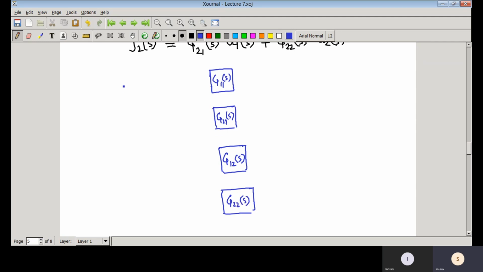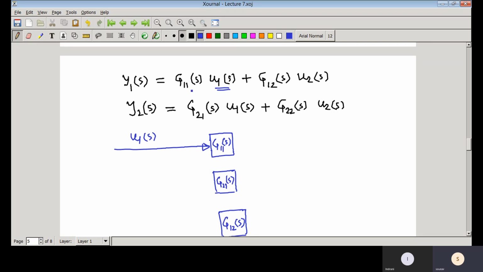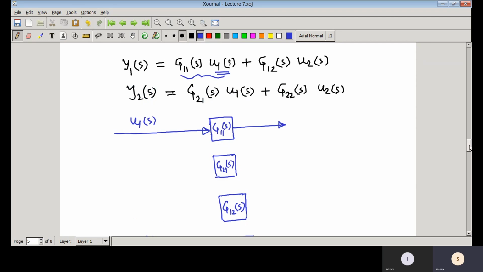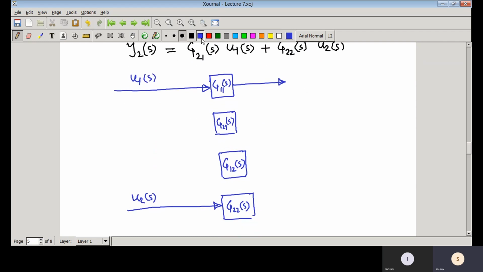So now you are applying that U1(s) here. You can see from here, applying U1(s) here, you will get one part of that output, that is G11(s) into U1(s). Now you have applied another input because you have two inputs, U2(s). You see U2(s) is coming, that is G12(s) into U2(s).